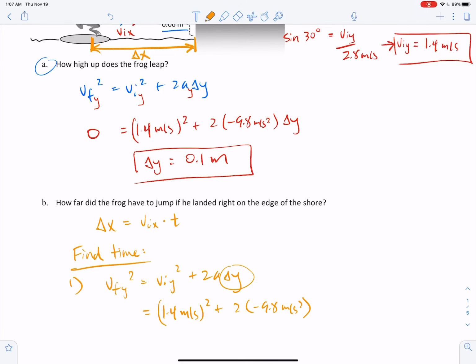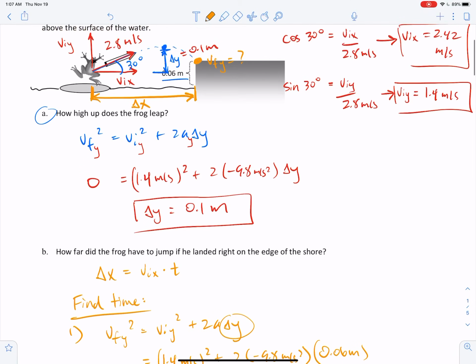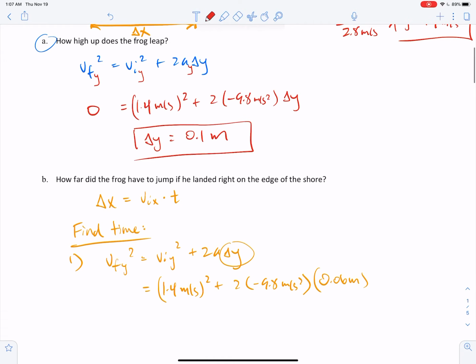But now my delta y is 0.06 meters. That's this value right here. That's how high it is when it hits the lily pad. So this means that v final y, multiply that out, take the square root, is going to be negative 0.88 meters per second.